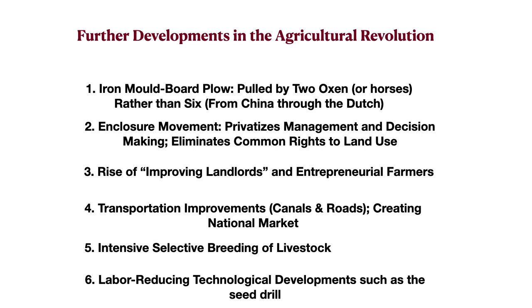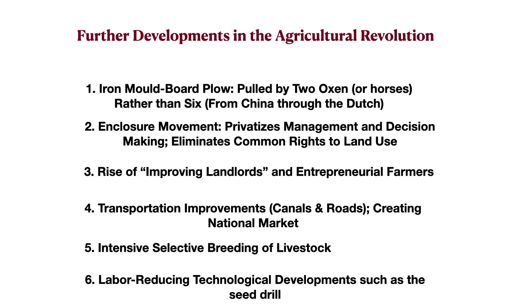A very controversial thing called the enclosure movement, which is closely associated with this movement away from the three-field system, which essentially means enclosing these fields, often literally with hedgerows, but instead of having the land sort of jointly managed by peasant households, it's going to be heavily managed by entrepreneurial farmers who are leasing land from the landholders or improving landholders, aristocrats or gentry who take an interest in this sort of thing and start intensely managing it.